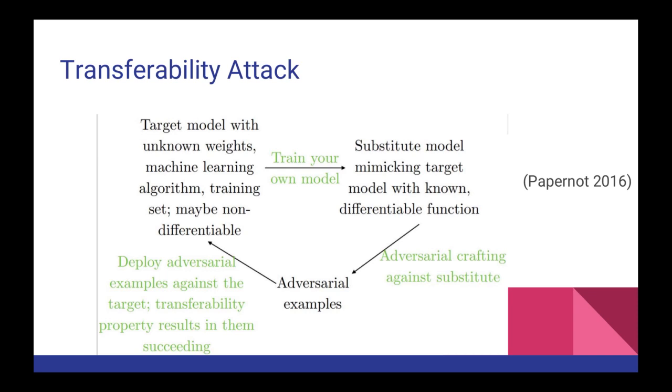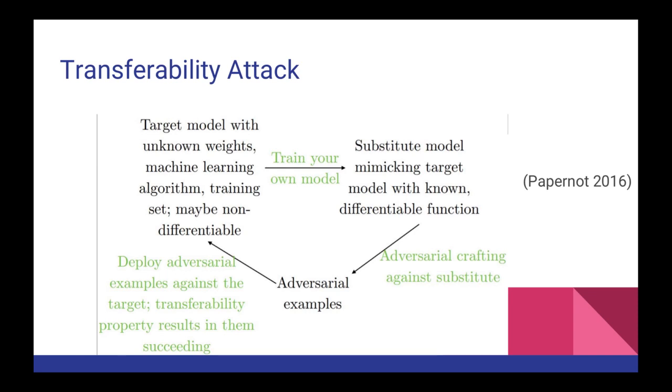It turns out, as we said before, the adversarial examples that apply to one model are transferable to other models as well. So the adversarial examples crafted for the adversary's model can be simply applied to the target model, and in most cases, more than 50%, or in some cases more than 80% of the time, those adversarial examples are transferable and applied to the target model as well.